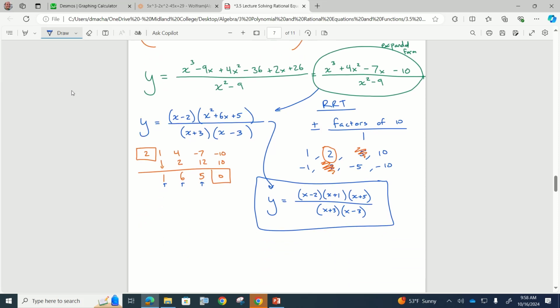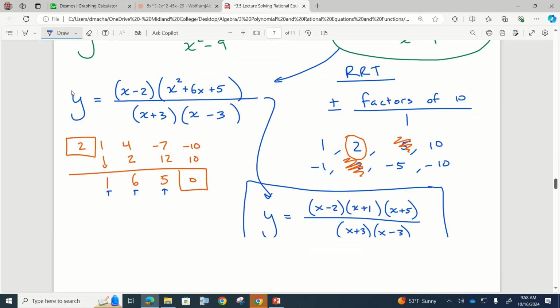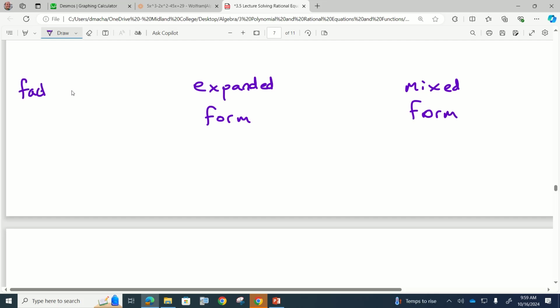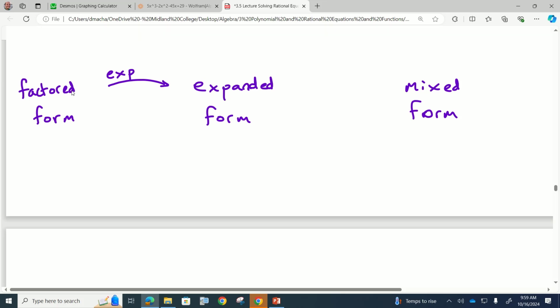All right, so to sum up really quick, we can write rational functions in 3 different forms, right? It could be in expanded form, in a mixed form, if it's an improper rational function, or a factored form. If you want to go from factored form to expanded form, you just have to multiply all the factors together.